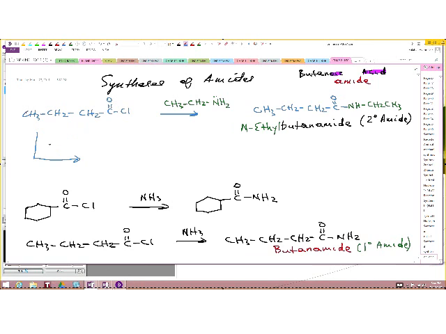Let's say we have this here. You notice in the secondary amine the nitrogen is attached to 2 carbon atoms. So you obtain this.